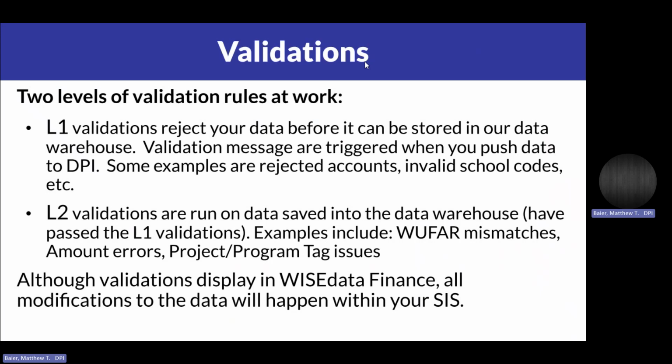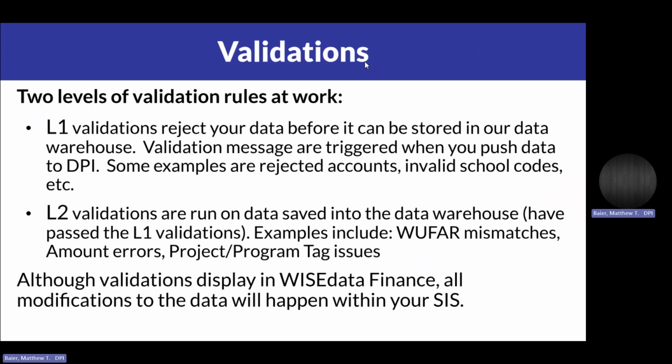There could be other data formatting issues, such as mismatches with different funds, or if they're using a project or program tag, which is an additional identifier that can be added to an account, and it doesn't match up with a specific project code, all that would cause a data format validation.